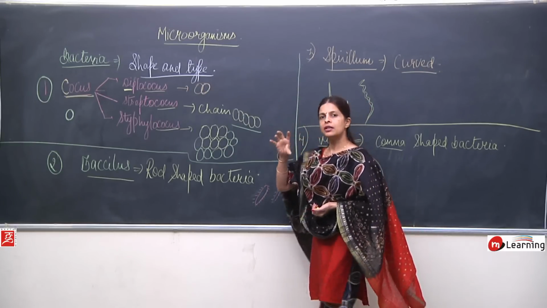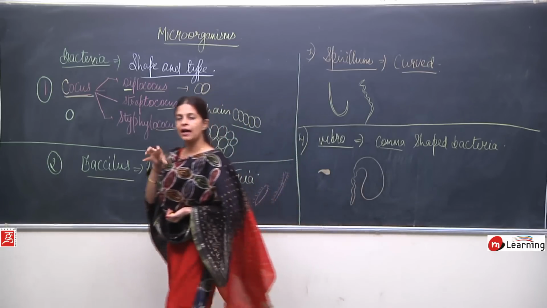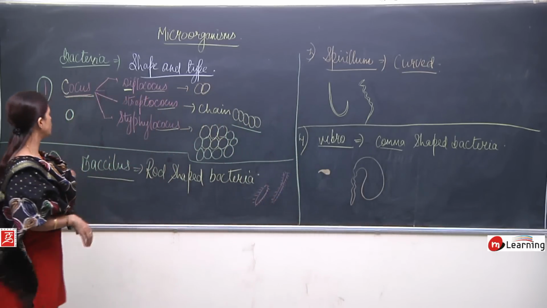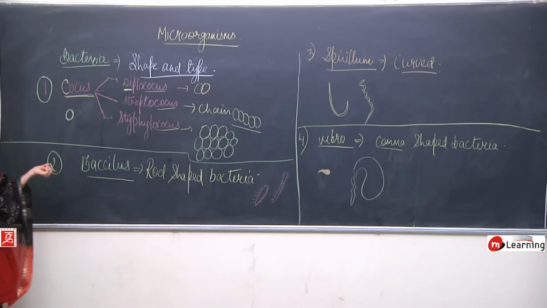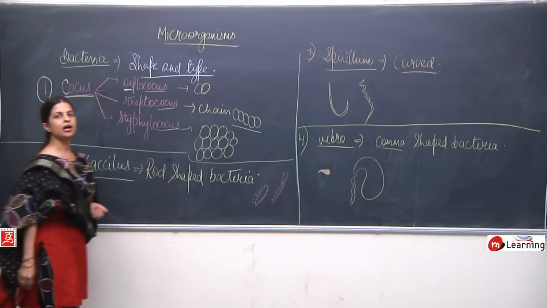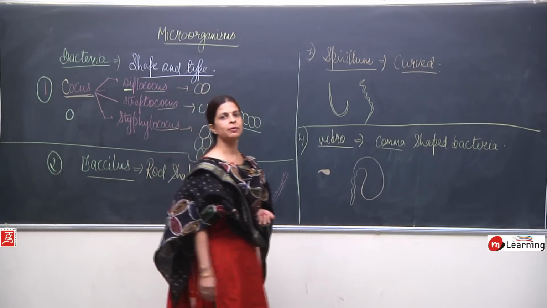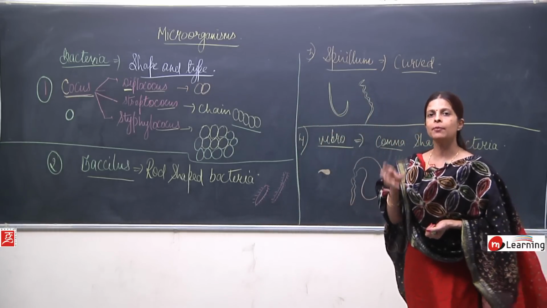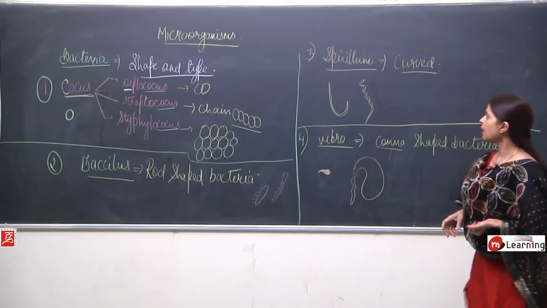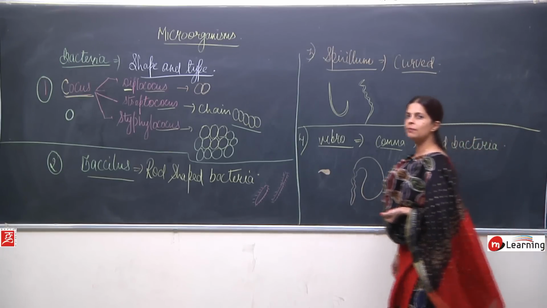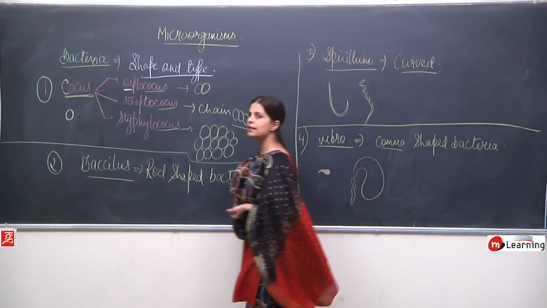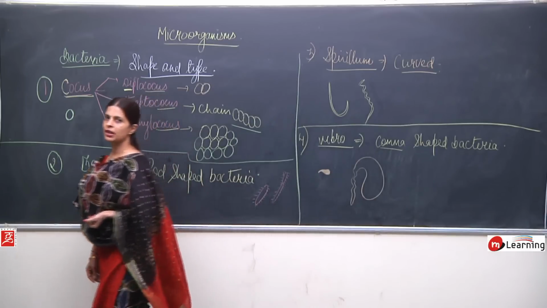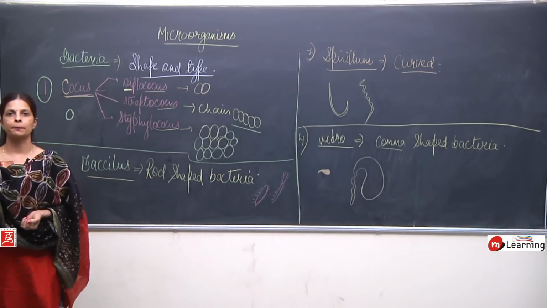If the spherical bacteria are in clusters, then we can say staphylococcus. If the bacteria are of rod shape, then it has to be bacillus. Spirillum means the curve shaped bacteria and vibrio means the comma shaped bacteria.